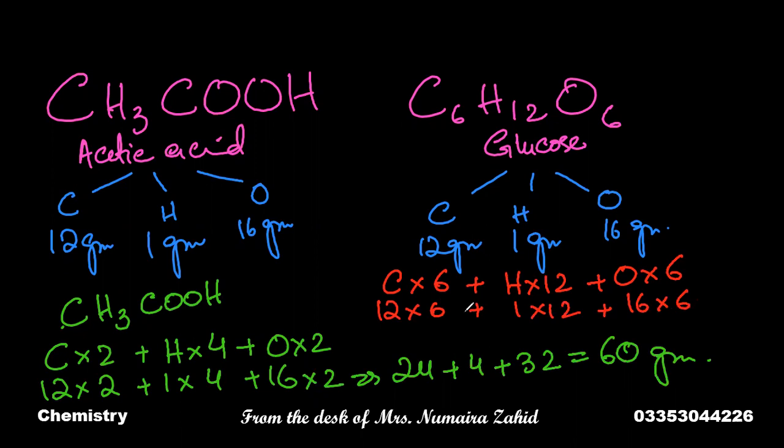So what value do we get? 12 multiplied by 6 gives us the value of 72. 1 times 12 is 12 and 16 6 times gives us the value of 96 grams. When we add these three values together, we find the molar mass of glucose. So 72 plus 12 plus 96 gives us a value of 180 grams.